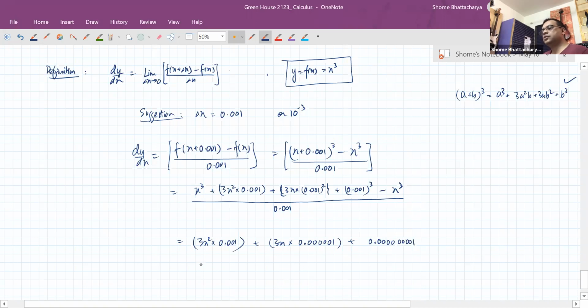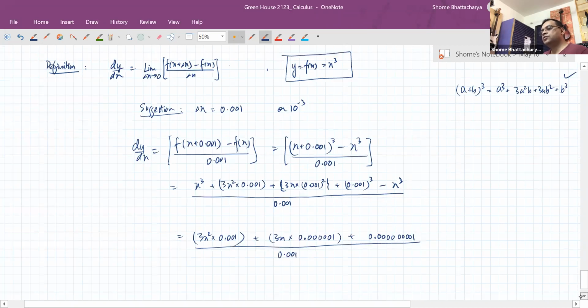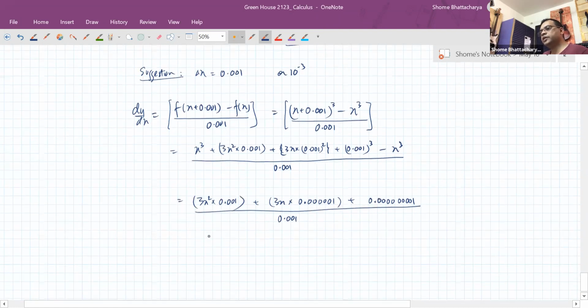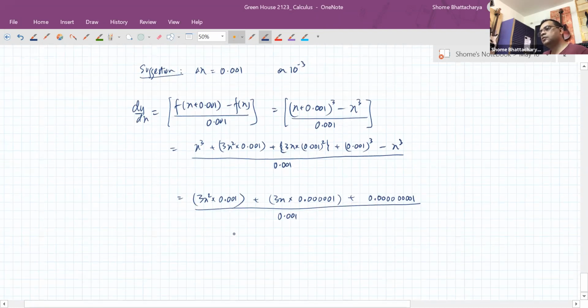Something like this. Now this whole thing divided by 0.001. Let's see how much it is giving us. If I take 0.001 common in the numerator, it gives 3x square plus 3x into 0.001 plus 0.000001. Correct?